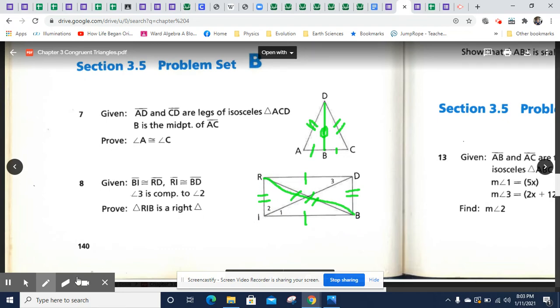We could also do this. That's also side, side, side. So we will be able to prove that this and this are congruent as well.